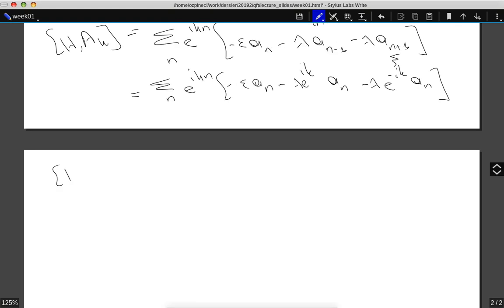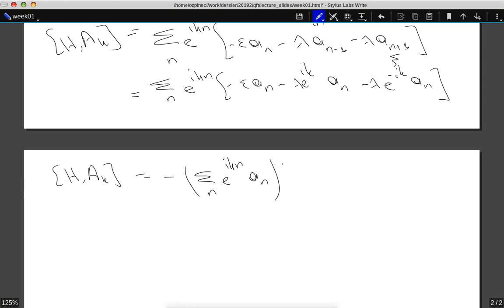So I have h a k is equal to, well, let me just take the minus sign out. And then I have sum over n e to the power i k n. Well, an is common. I take it out. What remains inside is independent of n, so I can take it out of the summation.